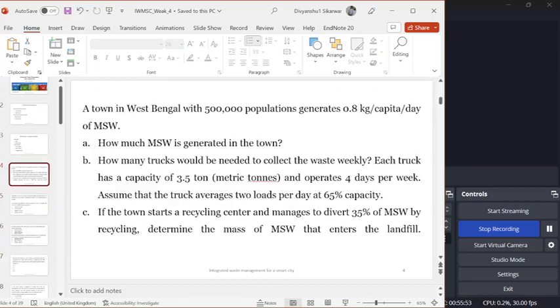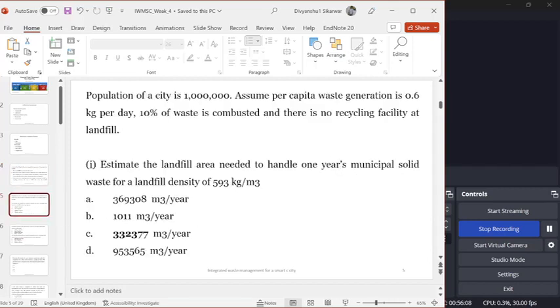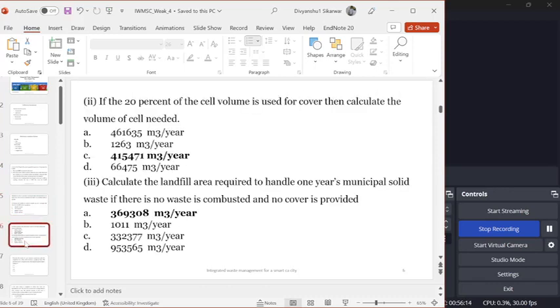Here we calculated the number of trucks based on the population and per capita generation. We calculated total waste, then based on number of trips we calculated how many trucks we need. The second question was based on landfill, how much area is required, based on how much recycling and recovery we are doing.